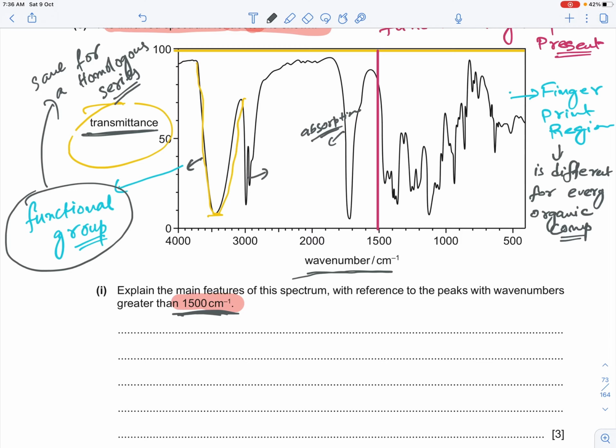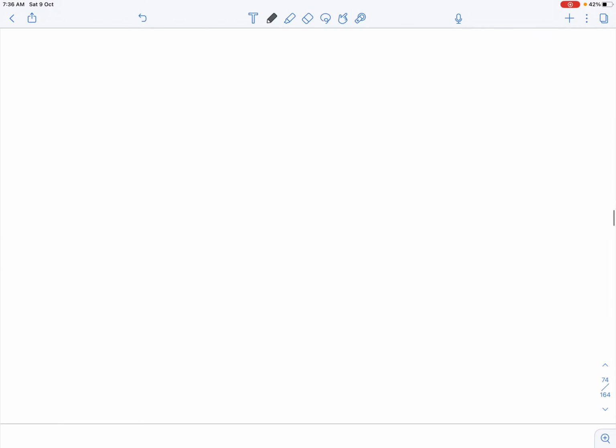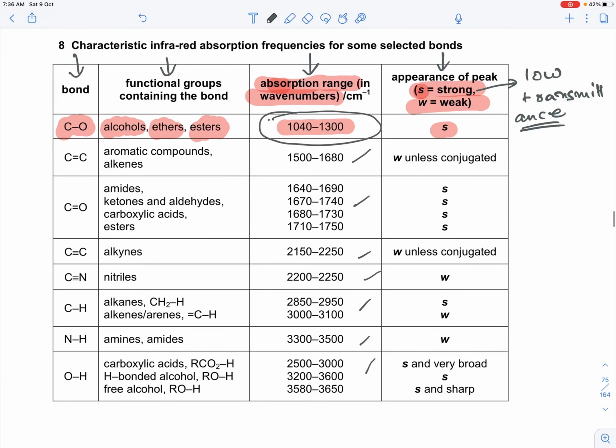Now one more thing you have to understand is that most of the students, because in this table we have ranges for absorptions, right? For example, for the carbon oxygen double bond, there are different ranges, because if a compound has a carbon oxygen double bond, it could be an amide, a ketone or aldehyde, a carboxylic acid, or an ester. So if it is a ketone or aldehyde, the absorption range is 1670 to 1740.